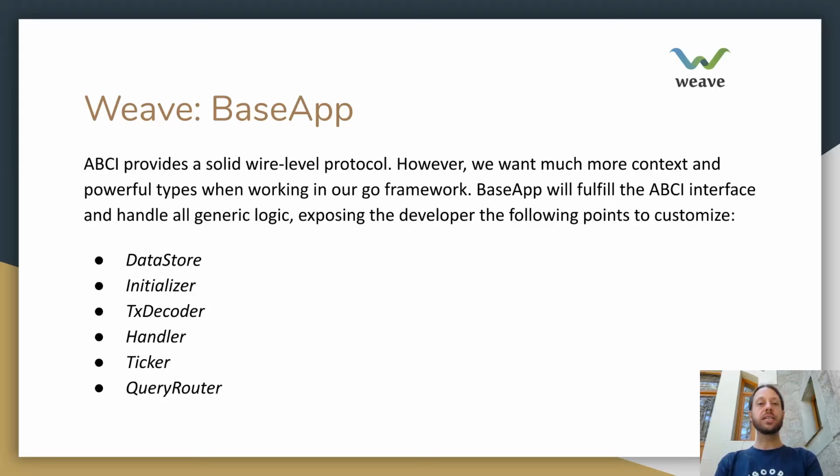ABCI provides a very consistent wire level protocol, but that same wire level protocol does not need to be passed in. The same way that an HTTP post is a few lines of text with a space and then the body of the thing, which is basically a text object, that is parsed and turned into a map of headers, a path which is parsed out of the first line, a method parsed out of the first line, GET slash HTTP 2.0, and the body then is a stream that you can parse as a JSON object.